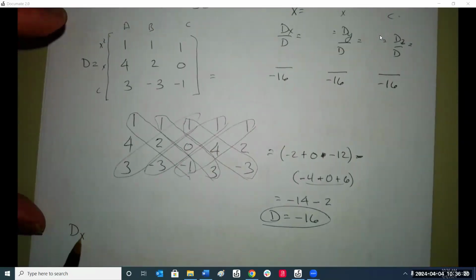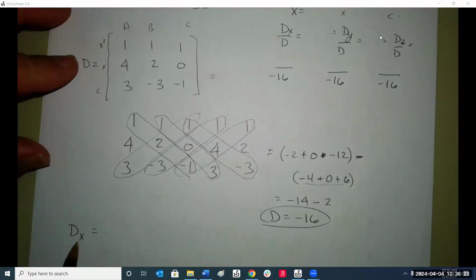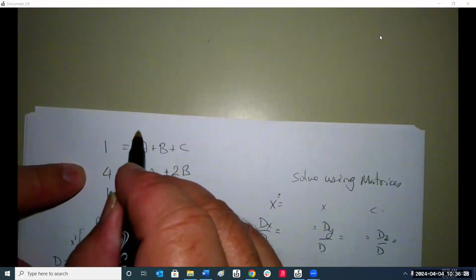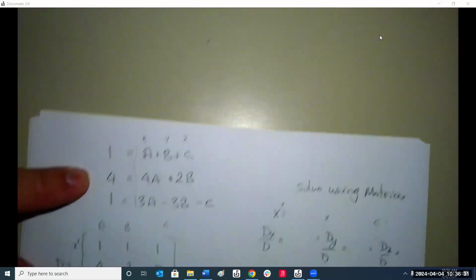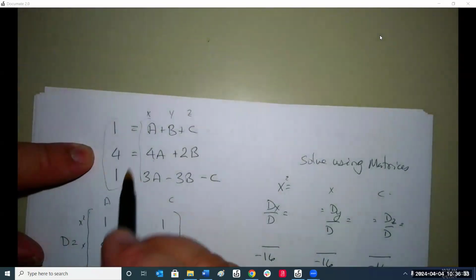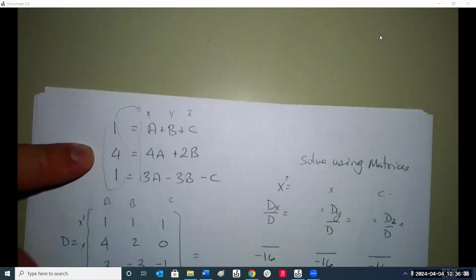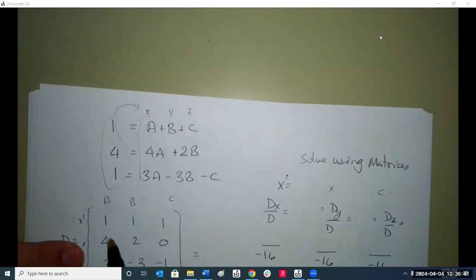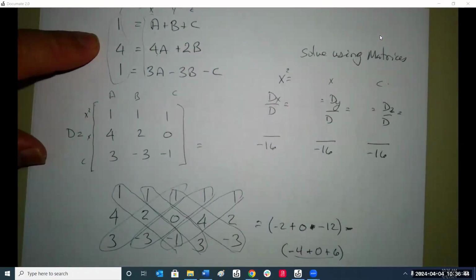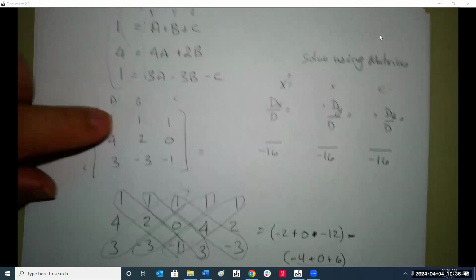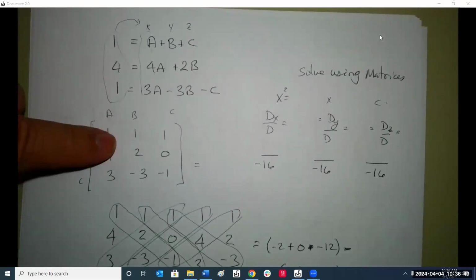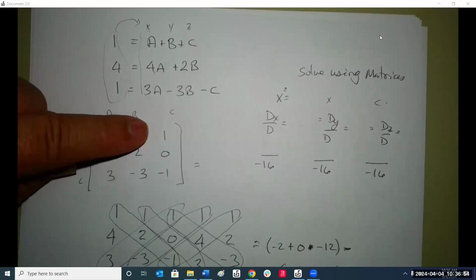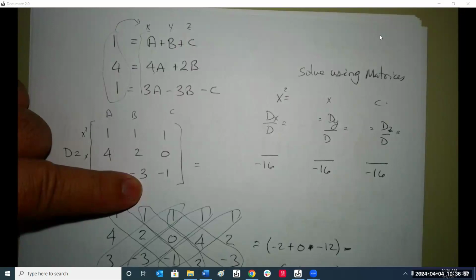Now I got to do the same thing with x, y, and z. The dx, instead of the x column, I put the answers. So these will go in the first column. So I have 1, 4, 1. Leave the other 2 alone. So it's 1, 2, -3, 1, 0, -1. Copy the first 2 over.